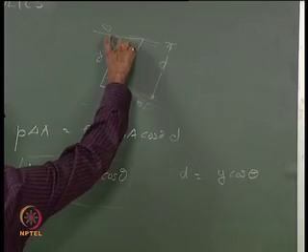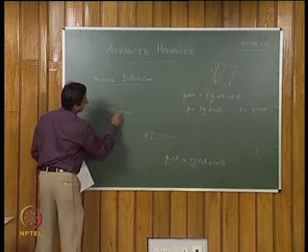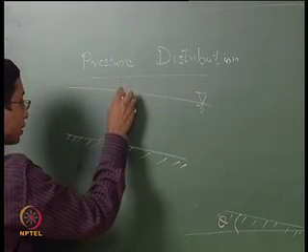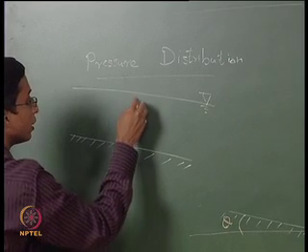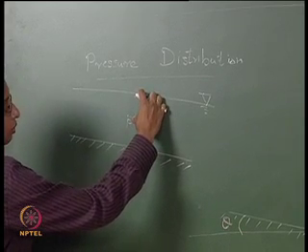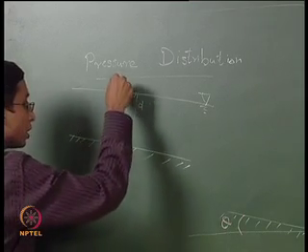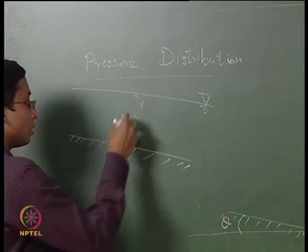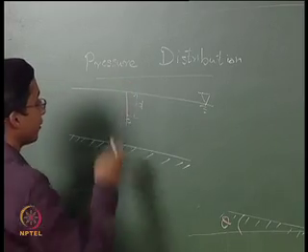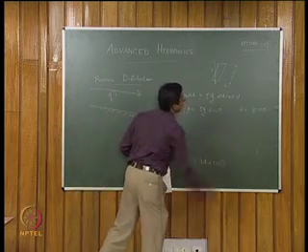Let me redraw this. For any point P, the normal distance from the free surface is d, but the vertical distance from this point P to the surface is y, and y and d are related as d is equal to y cos theta.